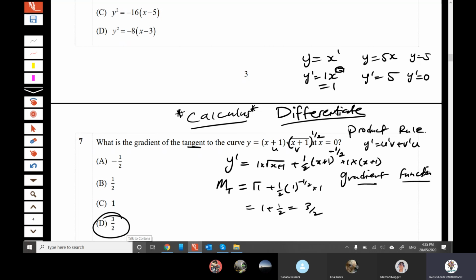Okay, what's the problem you're seeing already with multiple choice? There's a lot of working out. Good job. So we are not going to start with multiple choice in our exam papers. We will start with our short answers and then come back to our multiple choice.